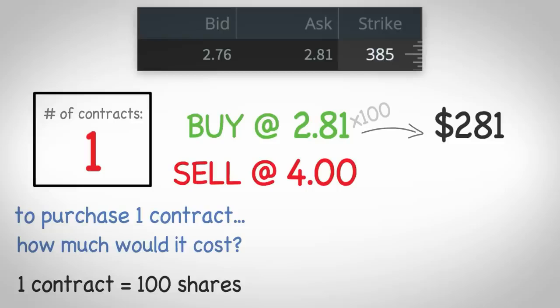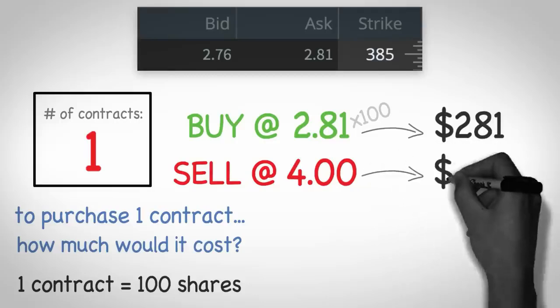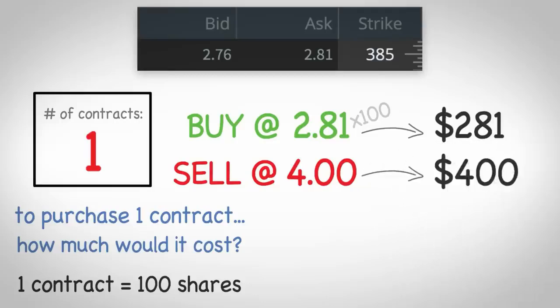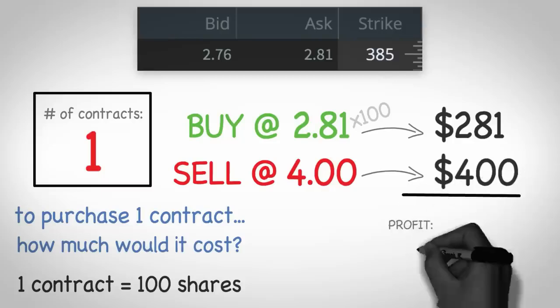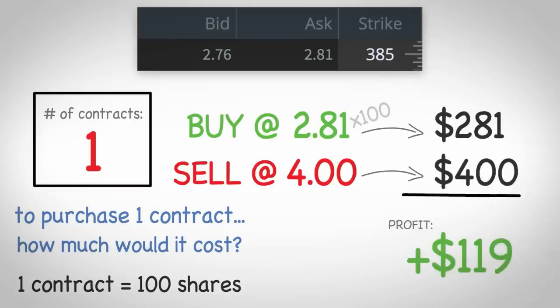So we close this position by selling the call option that we own at $4. So if we bought something for $281 and we sold it for $400, it's pretty clear that we made a profit of $119.